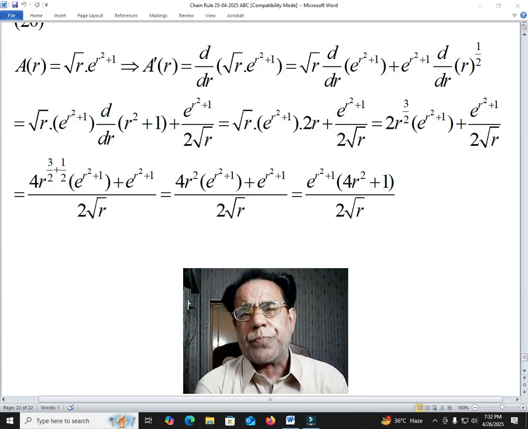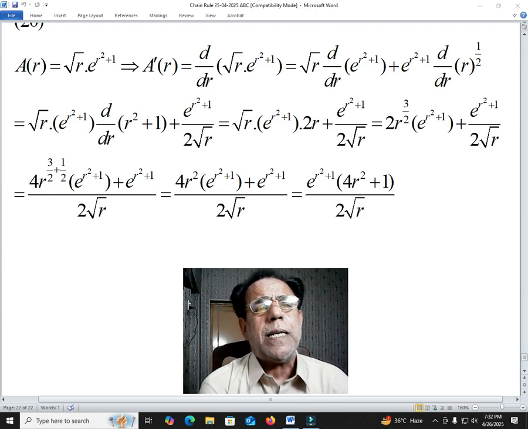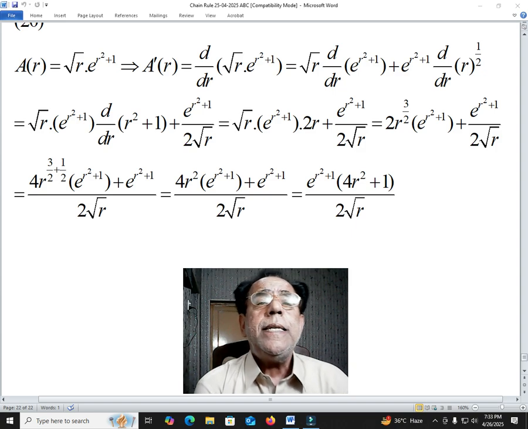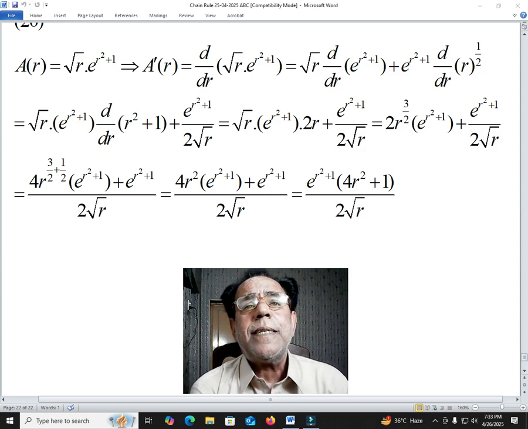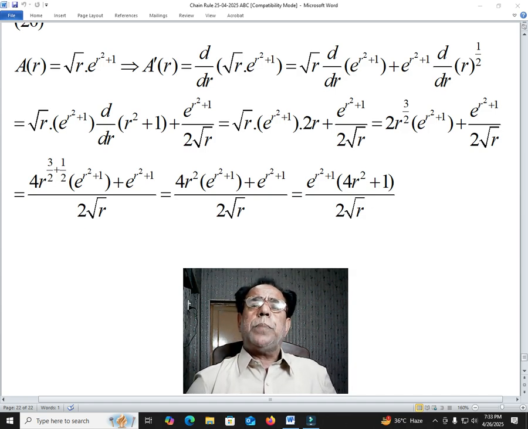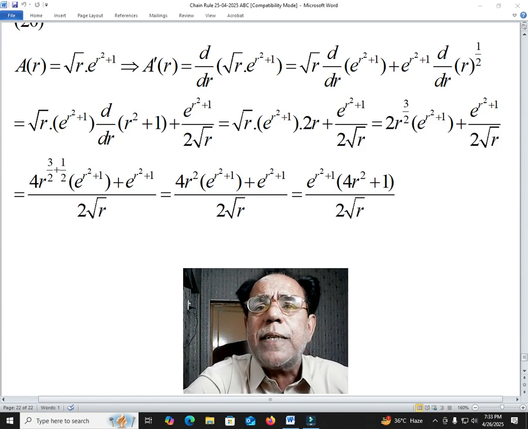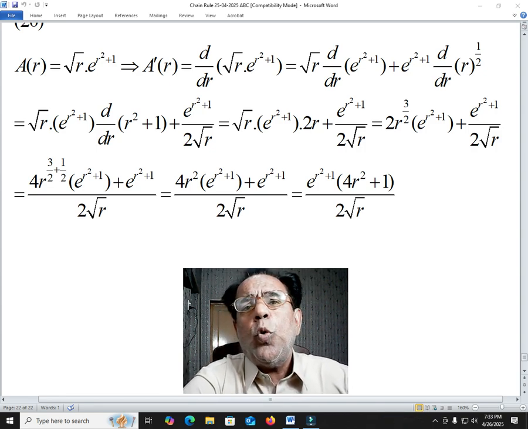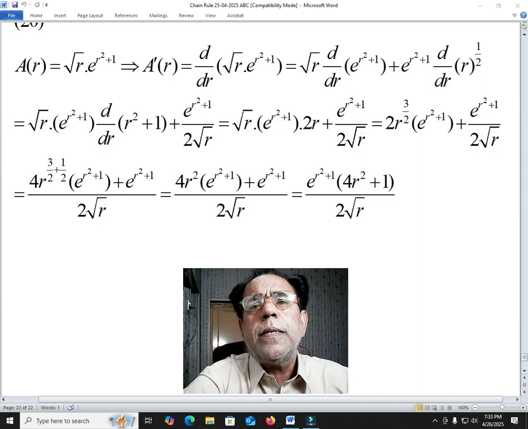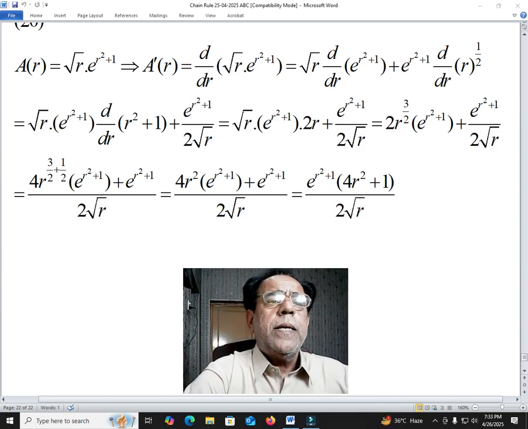So in the next step we will get square root of r into e raised to the power r squared plus 1 into 2r, where 2r is the derivative of r squared plus 1, plus e raised to the power r squared plus 1 over 2 square root of r. This becomes equal to 2 into r raised to the power 3/2 into e raised to the power r squared plus 1 plus e raised to the power r squared plus 1 over 2 into square root of r.